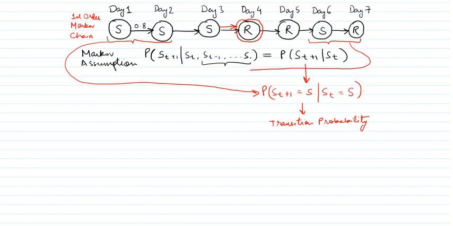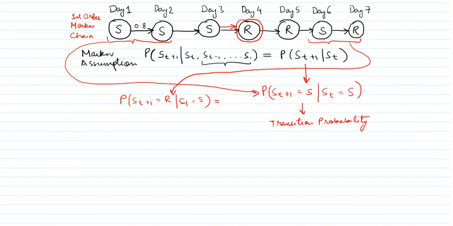So this one is P of S_{t+1} equal to rainy given S_t equal to sunny. This may be another probability value. The first one was sunny to sunny, and this is sunny to rainy. Actually we are calculating the probability of the next state being sunny, conditioned on sunny, and the next state being rainy, conditioned on sunny.